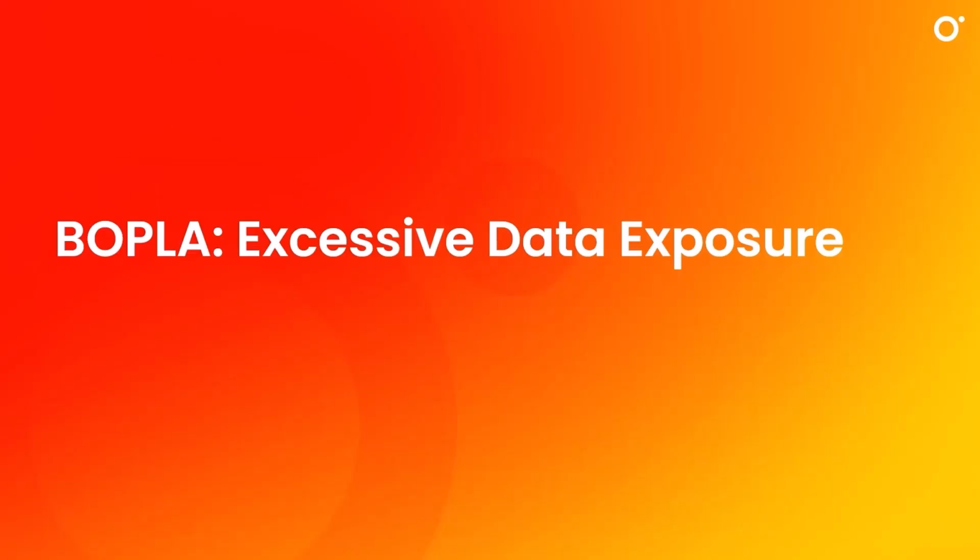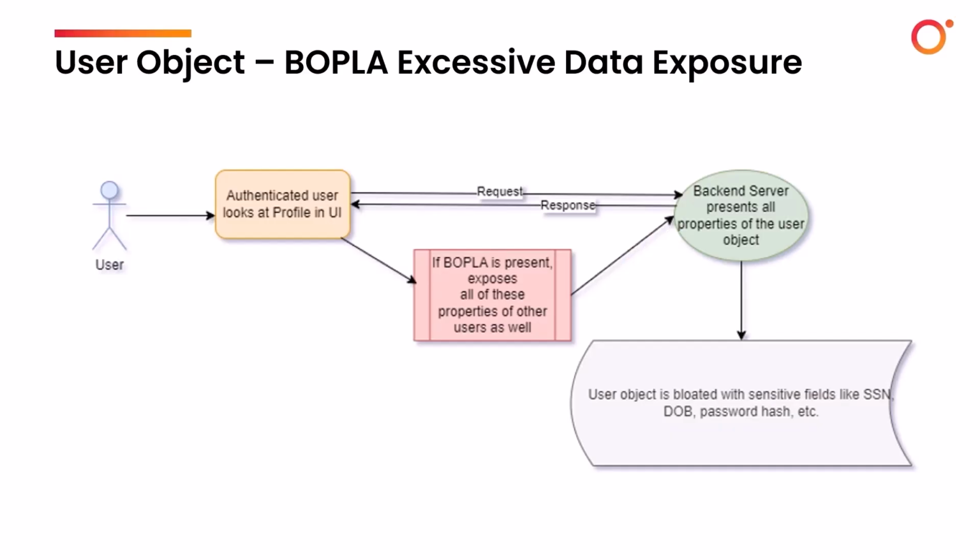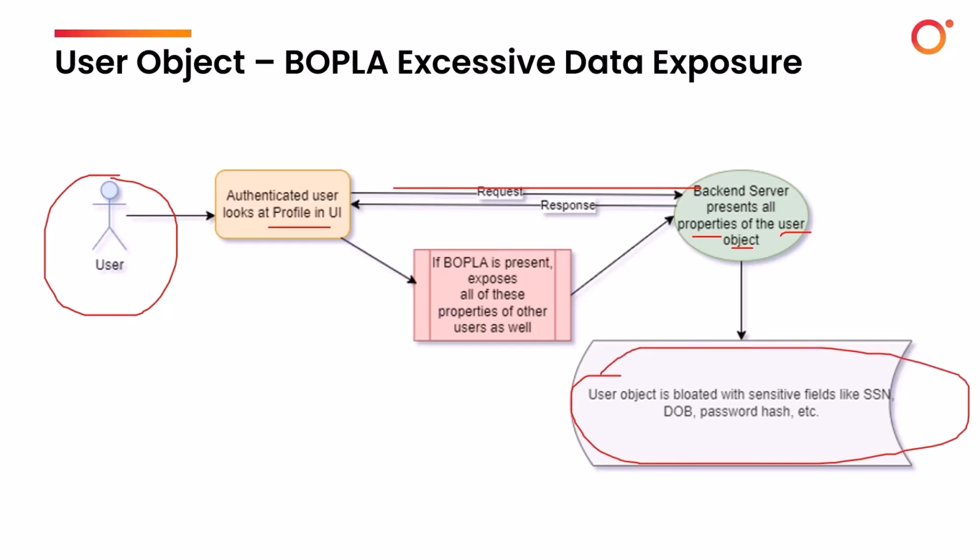The other subcategory of BOPLA is excessive data exposure. So let's look at another picture example. Here you have a user and they go and look at their profile inside of the UI, inside of the web page. They make this request, but the backend presents all properties that are contained in the user object. And this user object is bloated because the developers just took a data model and converted it to a class.